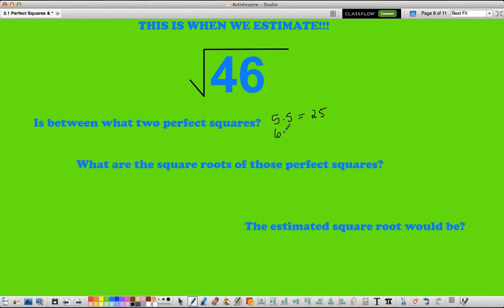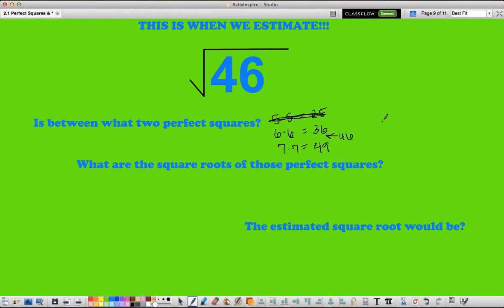So then I'm going to go to 6 times 6, which is 36. So it's not going to be between 5 and 6 because 36 is on the small end and I need something that's bigger than 46 now. So I look at 7 times 7, which gives me 49. So I know that 46 is between these.